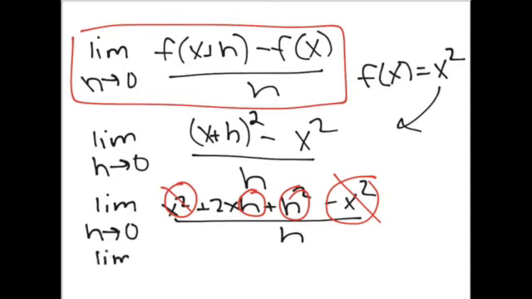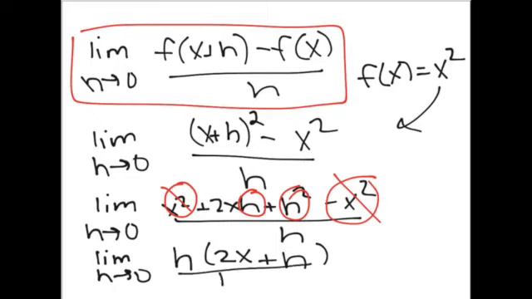So it can be rewritten, again, remember to write your limits at the side, as if you take out these h's, 2x, the h is taken out, plus h, no squared because h is taken out, divided by h. Oh, yep, that gets canceled out. So what you're left with, 2x plus h.